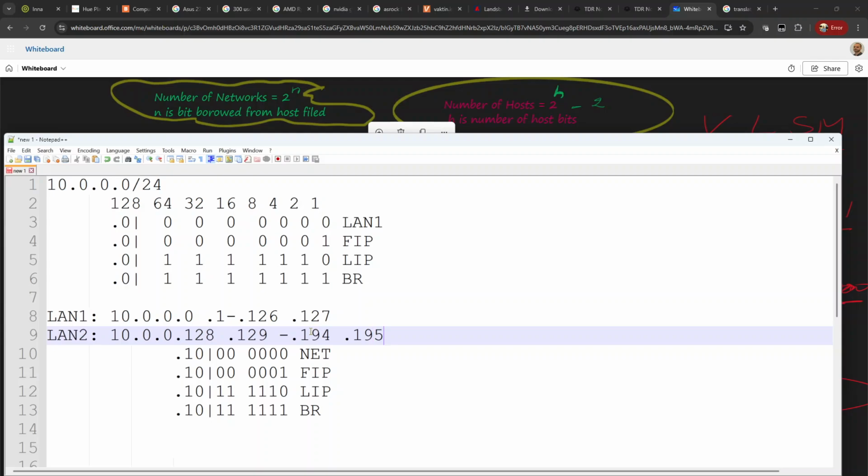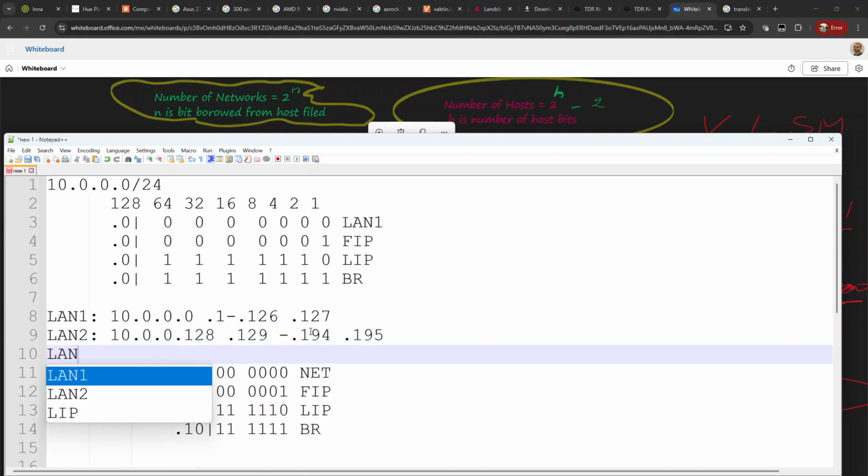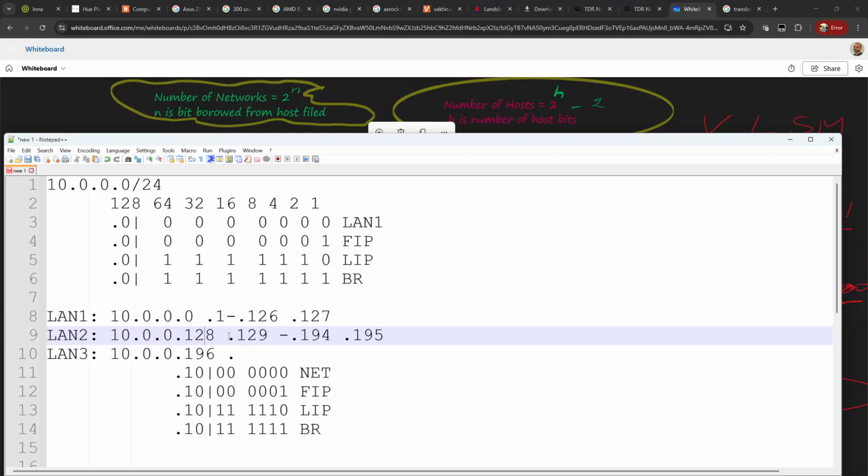And then the next LAN 3, the IP that we're going to use for LAN 3 is 10.0.0.196. Okay, and then we can write down the 196. So 128 plus 62 plus 62.